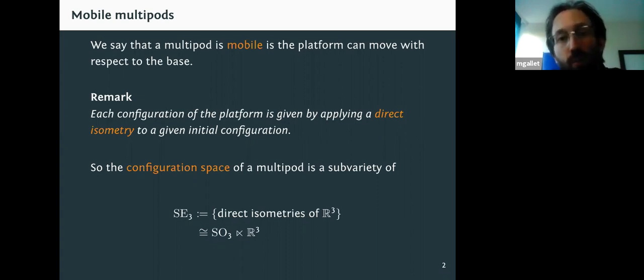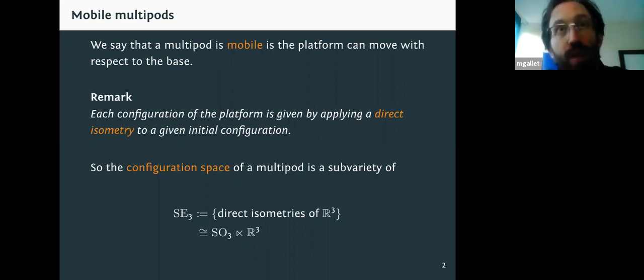The reason why we would like to understand mobility, which is the possibility for the mechanism to move, so that the platform moves even if we keep the base fixed, is that often this is an undesired behavior, because often people would like to steer the platform, for example, by modifying the length of the legs.